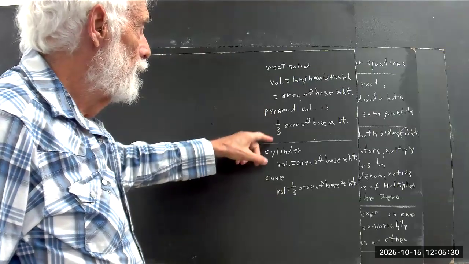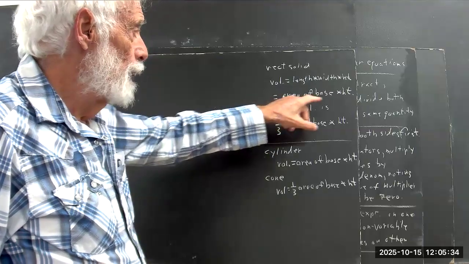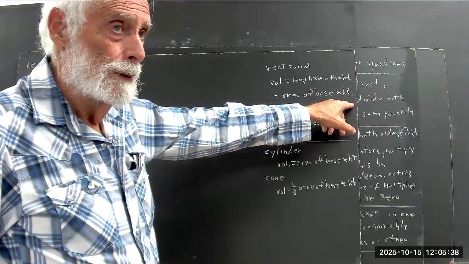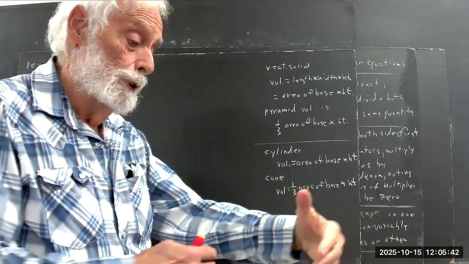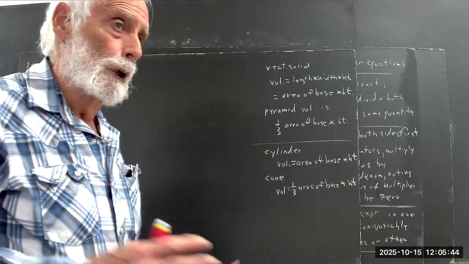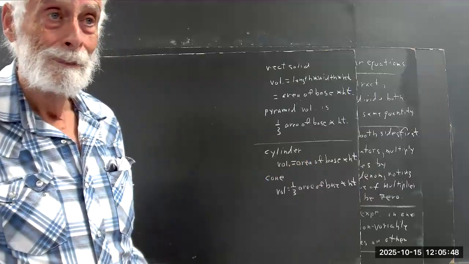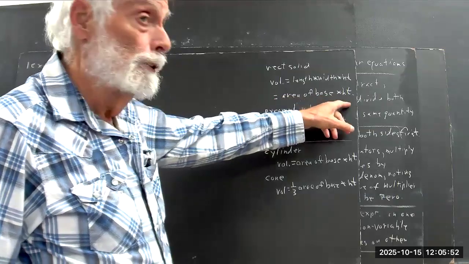For these formulas, area of base times altitude works. Okay. No matter whether the pyramid has a rectangular base, parallelogram for a base, or some kind of a polygon for a base. Whatever the base is, you can multiply the area of the base by the height.